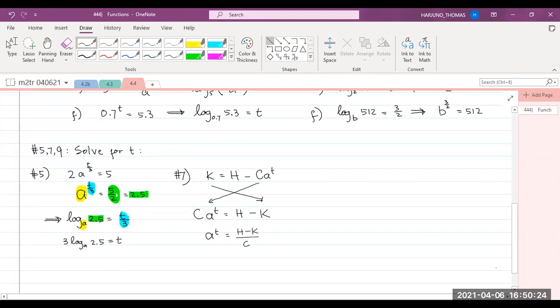Now notice that the reason I divide by c is so that I isolate the exponent on one side. No more coefficients, no more constant, just something to some power. Now from there, I rewrite that into logarithmic form. Log base a of the argument h minus k over c equals t.